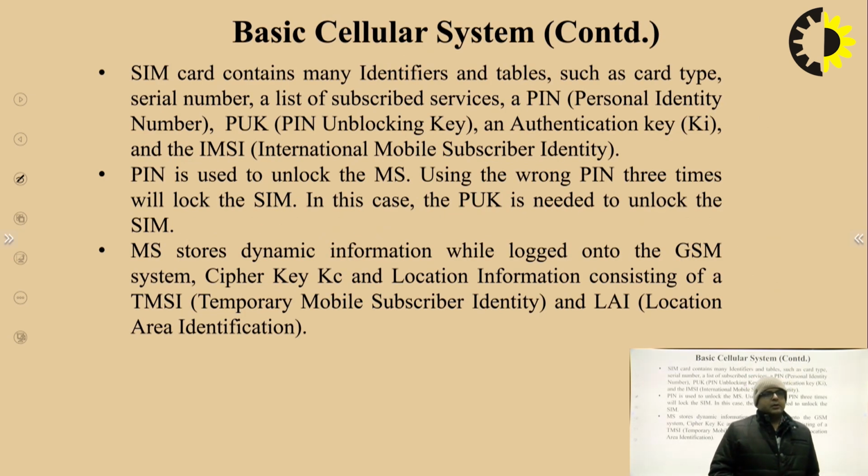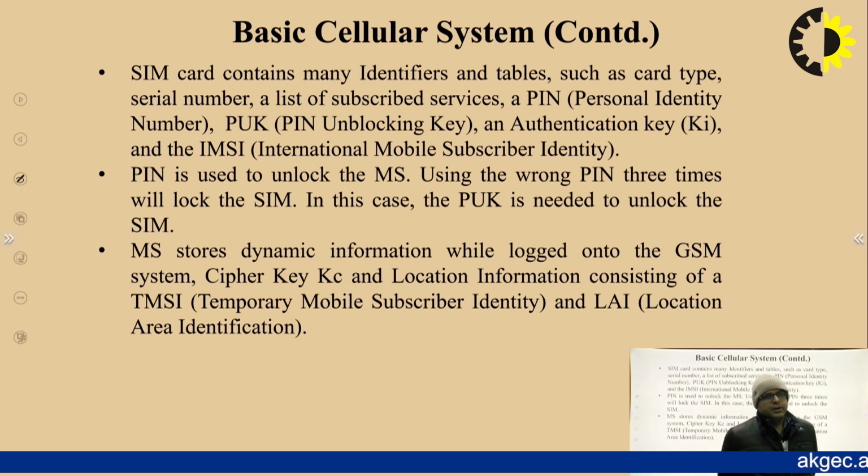The SIM card contains many other vital information such as identifier and table. It contains serial number, a list of subscribed services, a personal identification number, which is known as PIN, PUC code, basically known as PIN unblocking key, authentication key, and IMSI number, which is International Mobile Subscriber Identity.